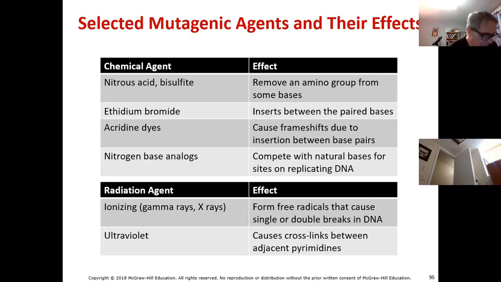I actually don't have anything about the different agents. There are chemical agents, there's ionizing radiation, which is gamma and X-rays, and non-ionizing, which is UV light. These can all affect the structure of DNA.